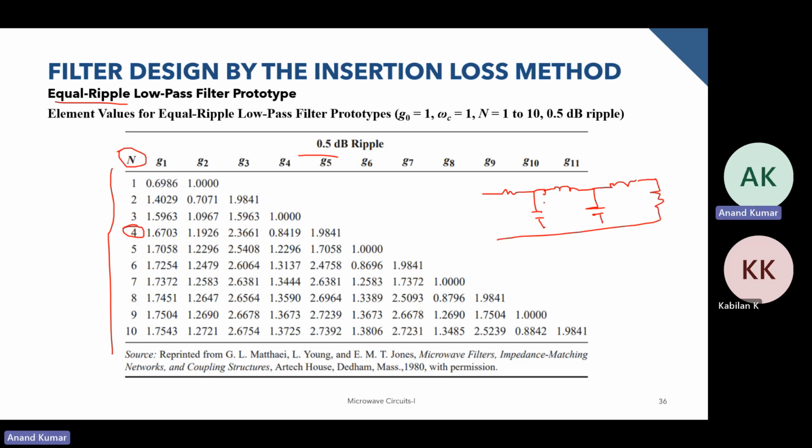So again, this is G0, G1, G2, G3, G4, and G5. So we get their normalized values.